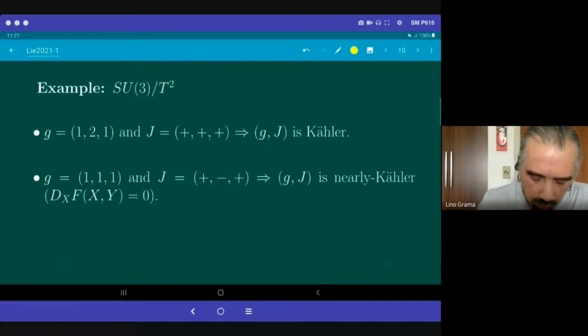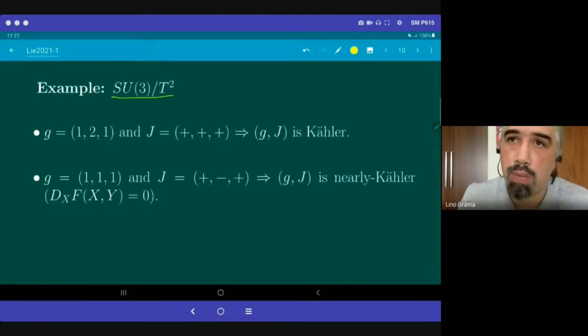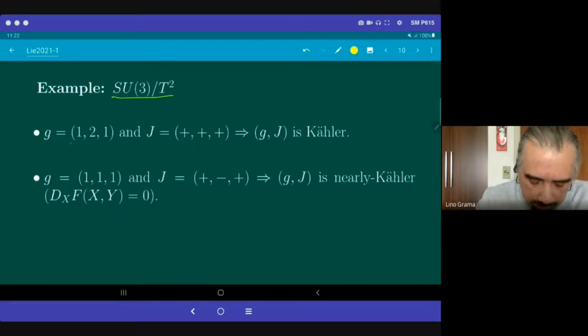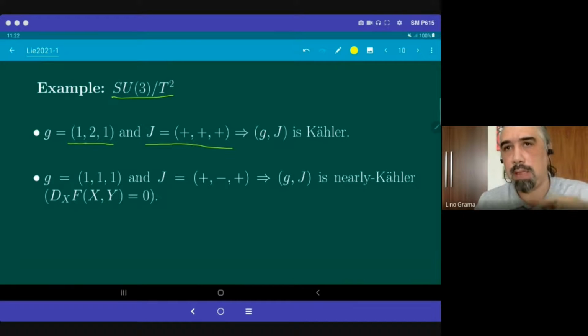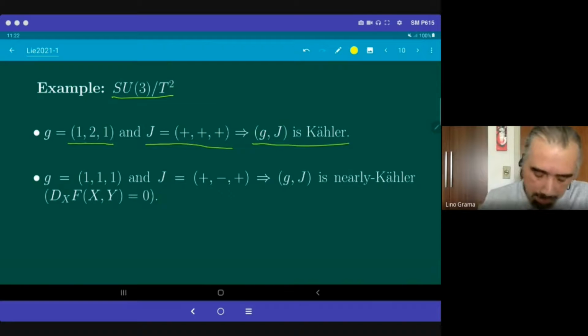More concretely, in this flag manifold, which is a six-dimensional real homogeneous space, if you pick this invariant metric and this almost complex structure, this in fact is a complex structure, it's integrable, and this pair is scalar. Or if you pick this 1, 1, 1, this is called the normal metric.